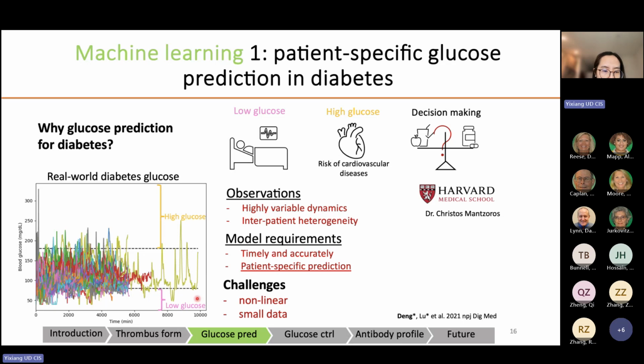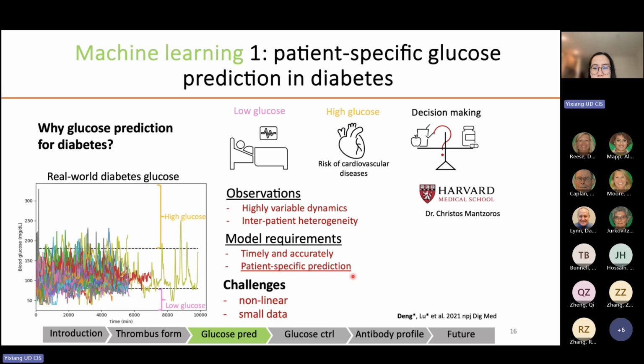However, given this real-life observation, we are faced with nonlinearity of the model, and because of timely prediction of fatal low glucose levels, a small data challenge: to develop a patient-specific model, we suffer from small training data.